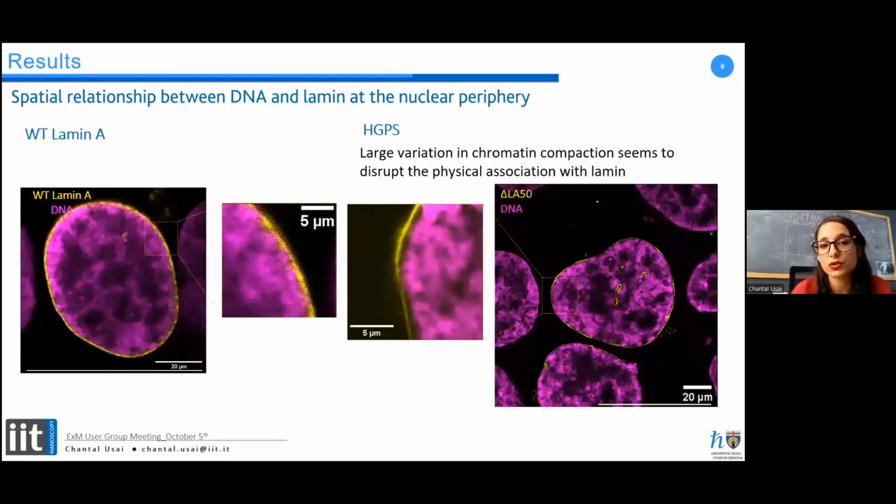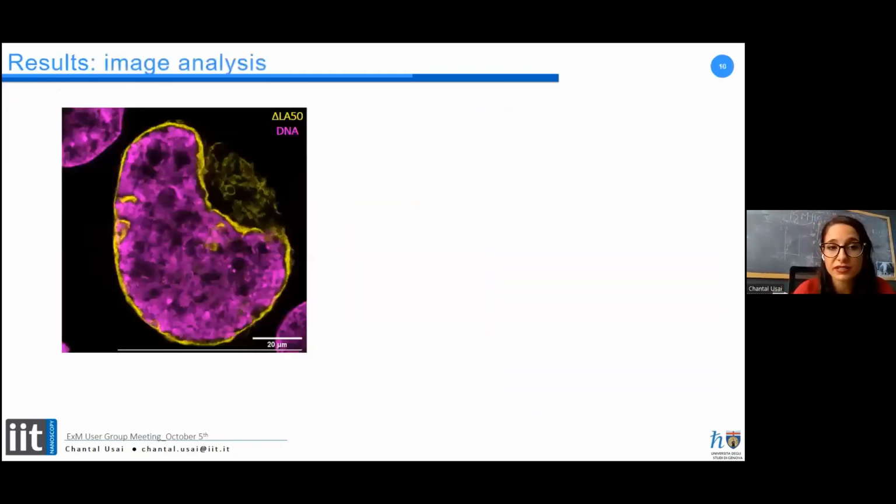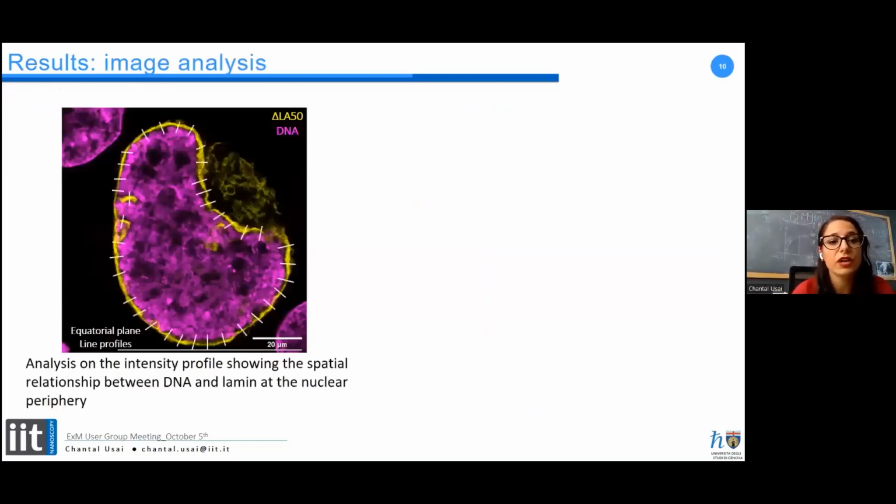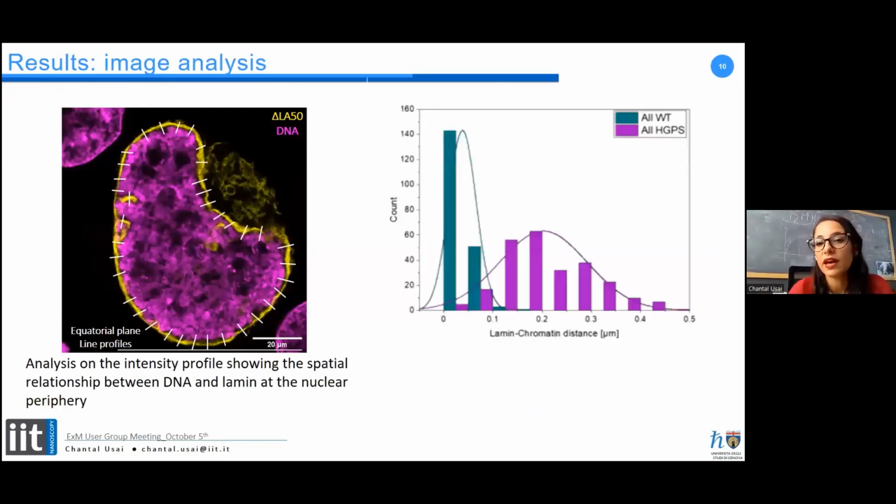So we wanted to quantify this distance between these 2 structures, and we are doing this by analyzing the intensity profiles of these two structures to determine the distance between the DNA and the lamin. So our preliminary results show that the two groups seem to belong to 2 different populations.